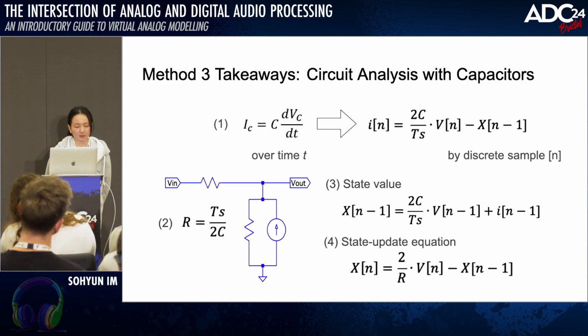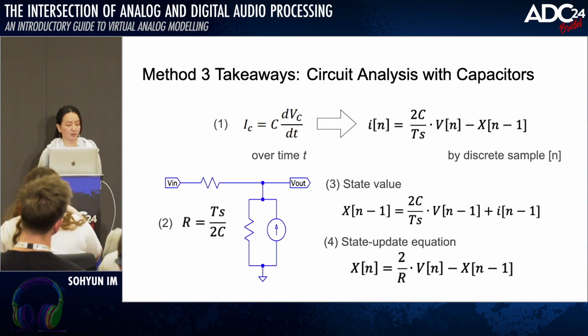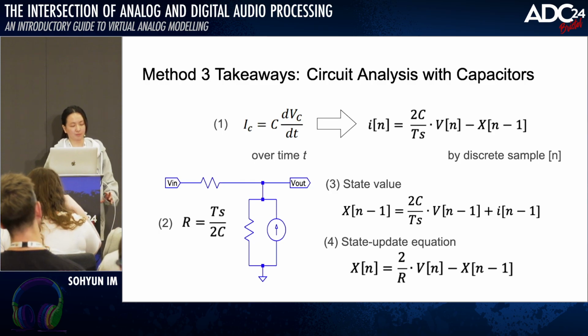The second thing is, whenever we see the capacitor in our circuit, we want to substitute it with one resistor and one reverse direction current source in a parallel configuration.